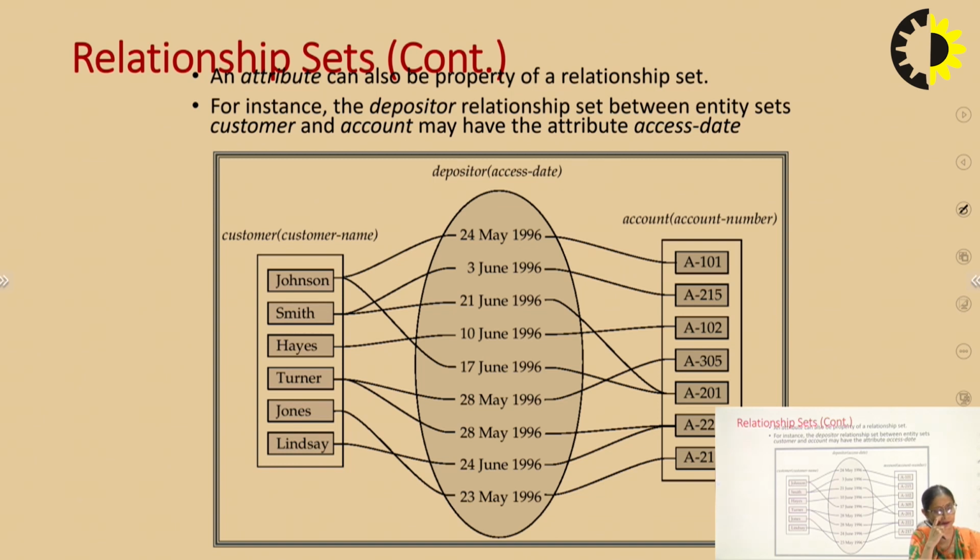Sometimes relationships can have attributes also. For example, here the depositor has its own attribute, that is access date. For instance, the depositor relationship set between entity set customer and account may have the attribute access date, that is, the date on which the customer accessed their account number.